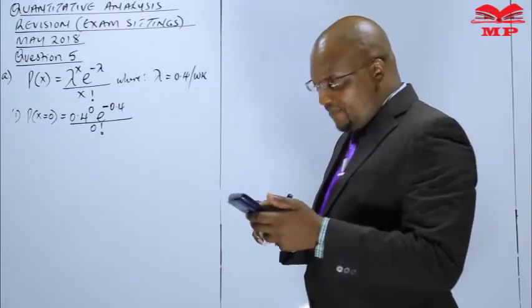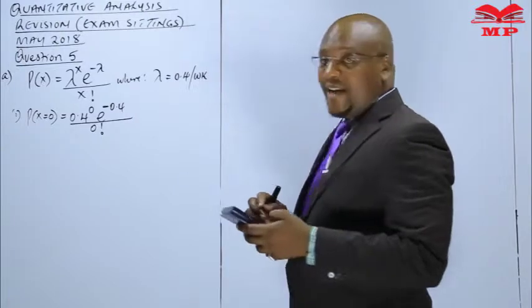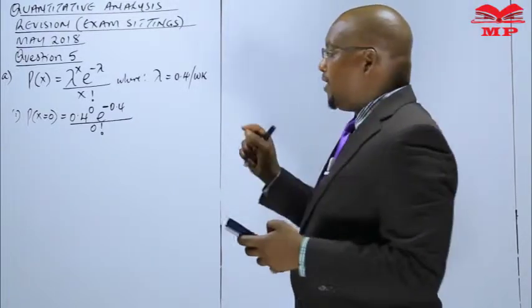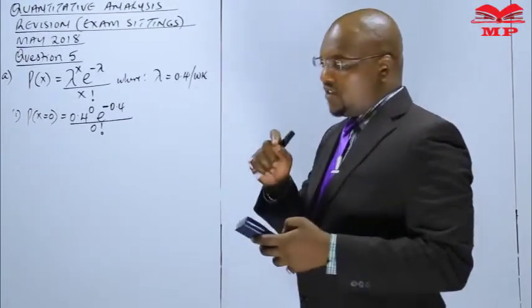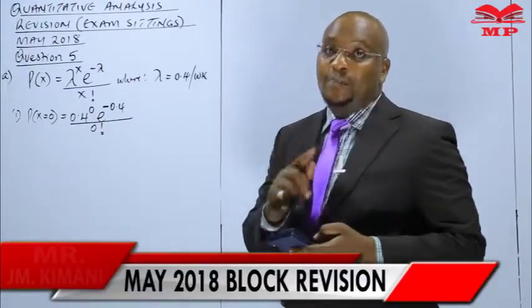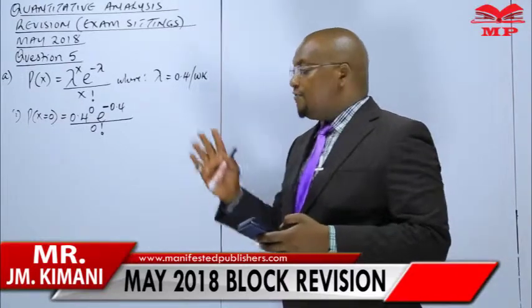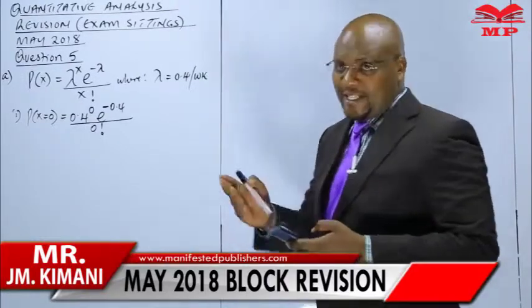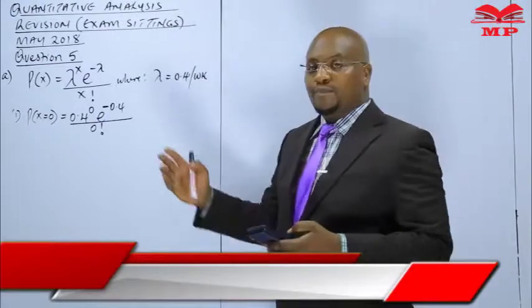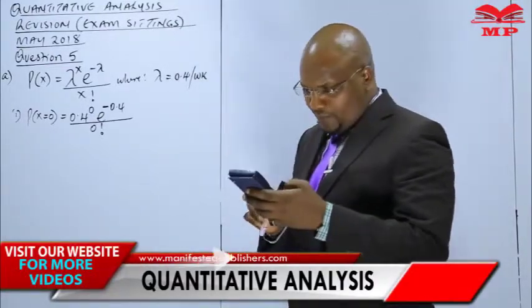It has an E. Then we minus 0.4. Do not power it, it is already powered if you use shift. But if you use alpha, then it is not powered, and that's when you press the power sign. I've used shift, so I don't need to power it. I just press shift, press E, then press minus 0.4.